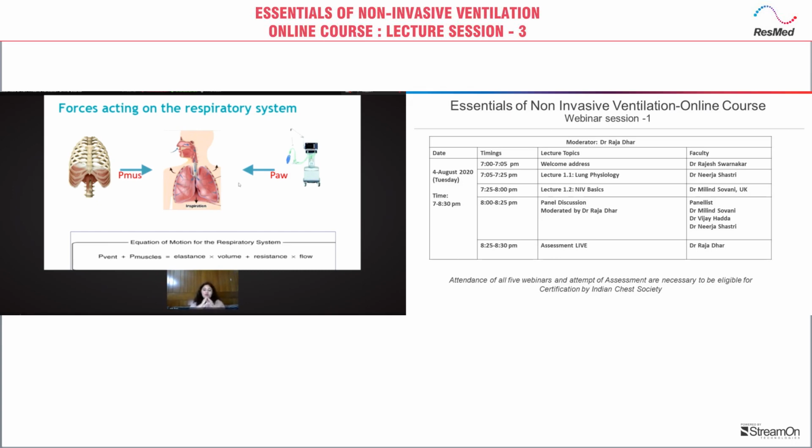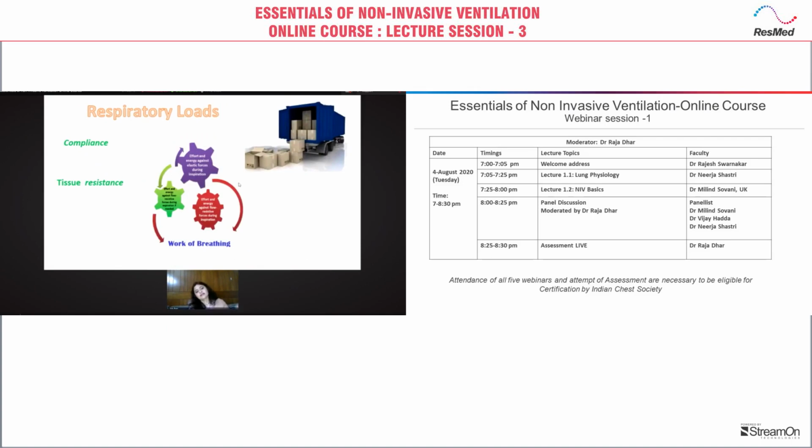The more the lung is expanded, the more it bounces back, and that pressure will try to expel the air out, meaning the collapse of the lung. So you need a pressure to keep it open. Elastance and resistance are the two major forces against which the pressure has to act.